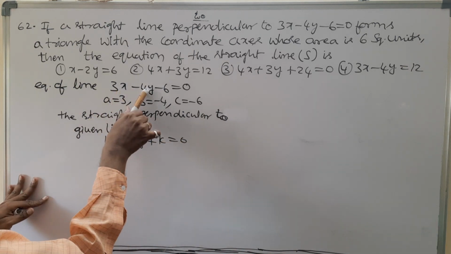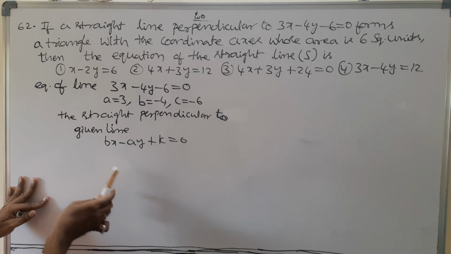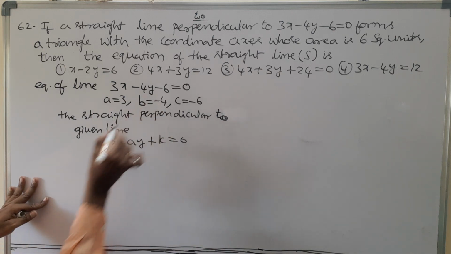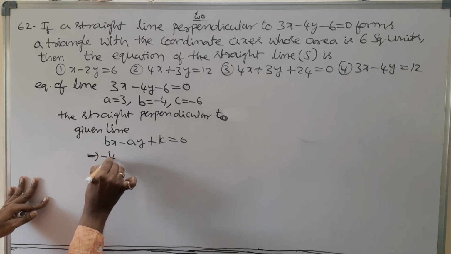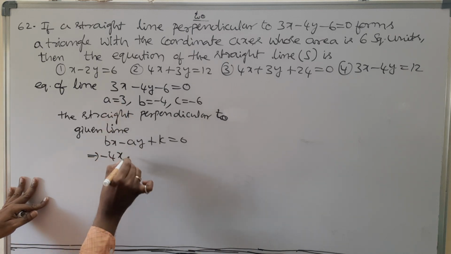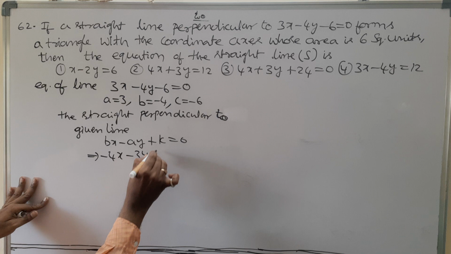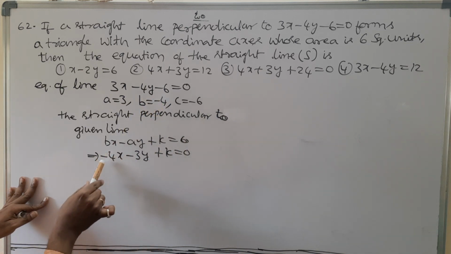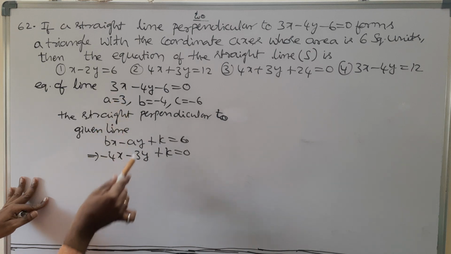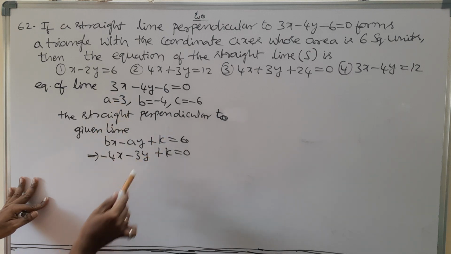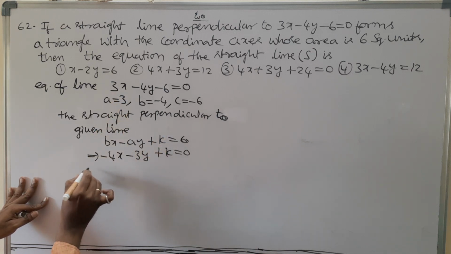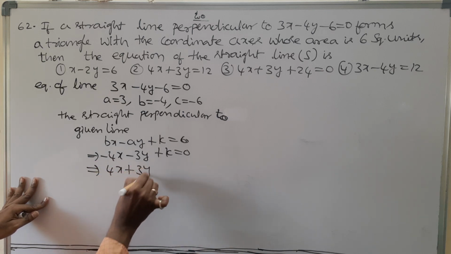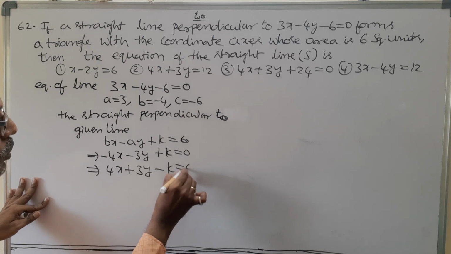If ax plus by plus c equal to 0, the perpendicular form is bx minus ay plus k equal to 0. b is minus 4, so minus 4x, a is 3, so minus 3y plus k equal to 0. Multiplying by minus 4, we get 4x plus 3y minus k equal to 0.